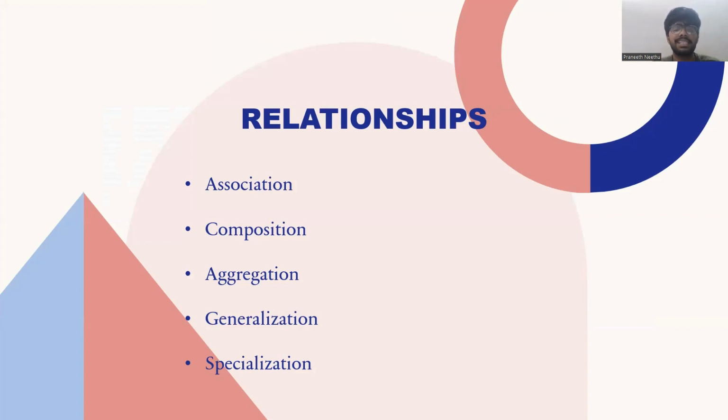Association is represented by a simple arrow mark. Composition is represented as a diamond filled with black color, and aggregation is represented with a diamond without any filling. Generalization is represented by an arrow mark pointing upward, and specialization is represented with an arrow mark pointing downward.